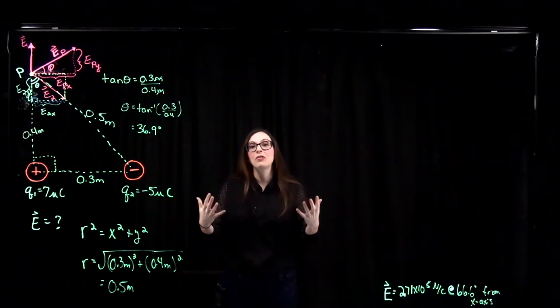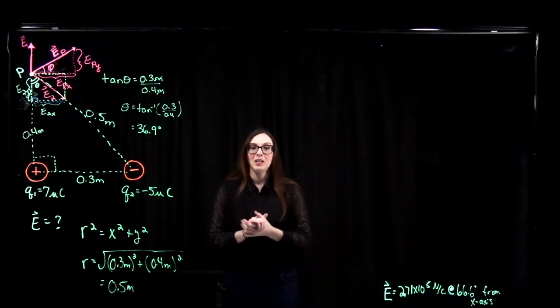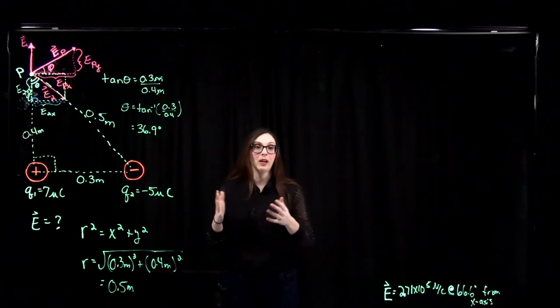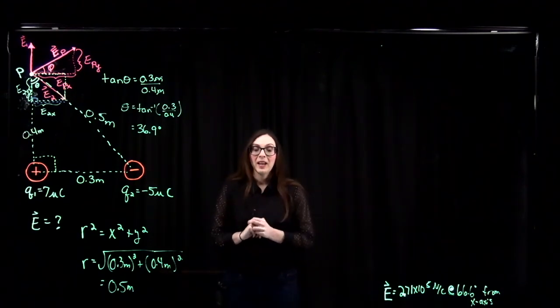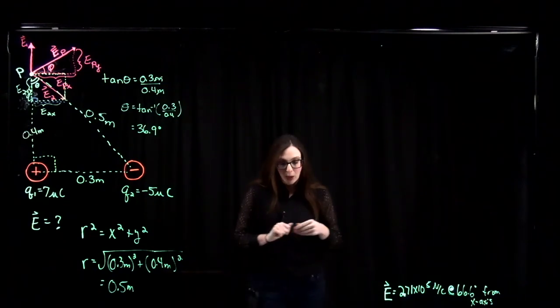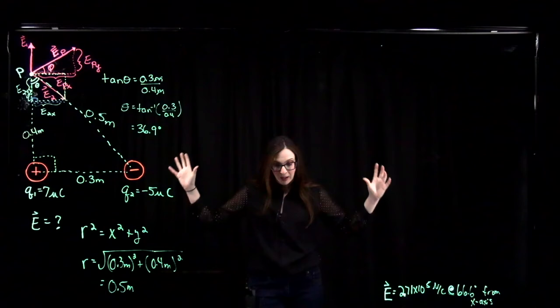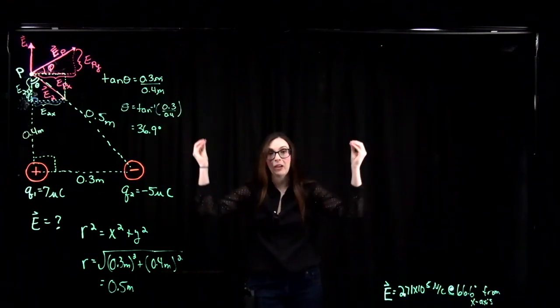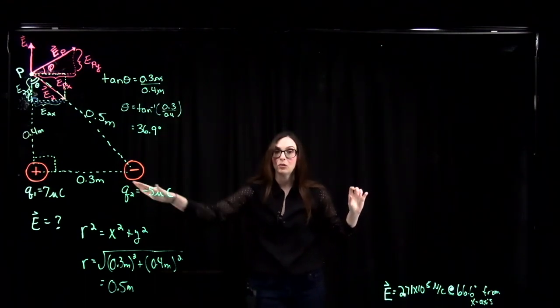Our electric field is the force per unit charge experienced by a test charge that might be placed at that location. The electric potential is a little bit different: it's the work per unit charge required to move a test charge from infinity to some point away from these two charges here.